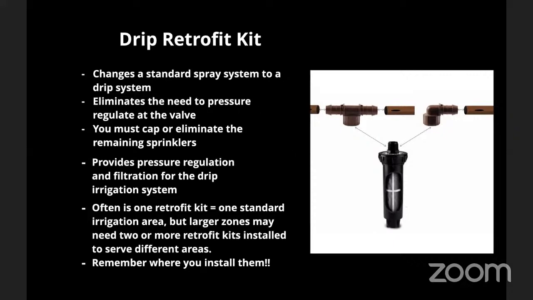The nice thing about that is it's very friendly for homeowners because you don't need to do the pressure regulation at the valve, as long as your water pressure is not above 70 PSI, like we talked about. You cap or eliminate the rest of the sprinklers. And then remember, this is the filter here. So if you have a small irrigation area, coming off of here, this is a 1/2-inch connection.